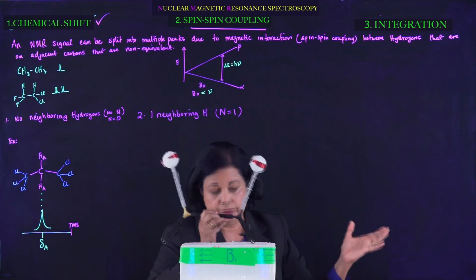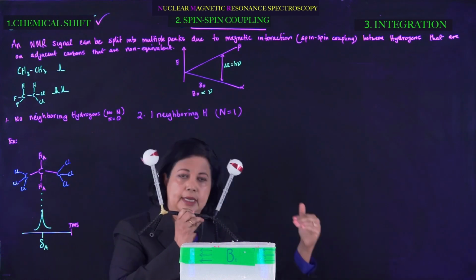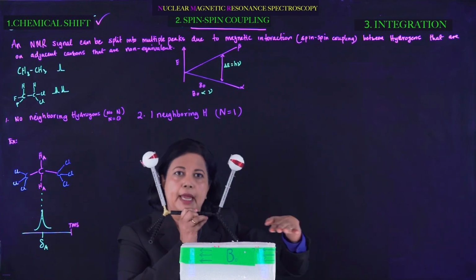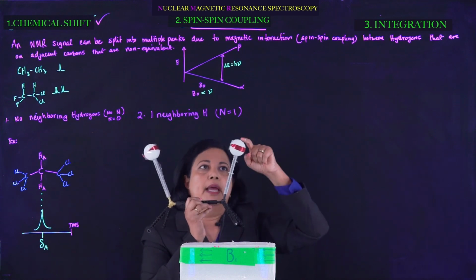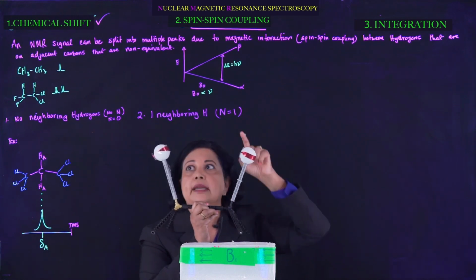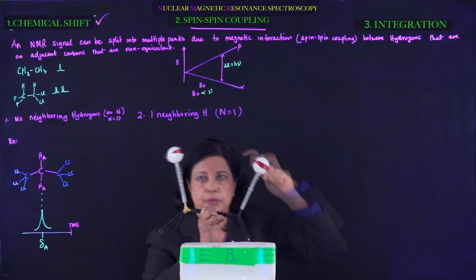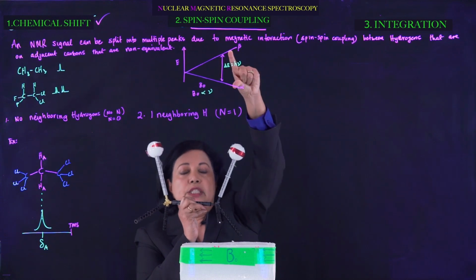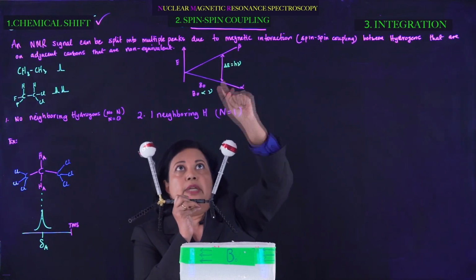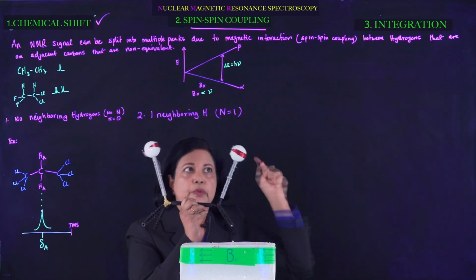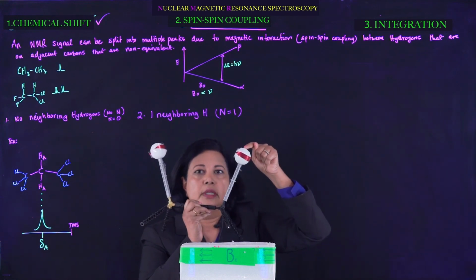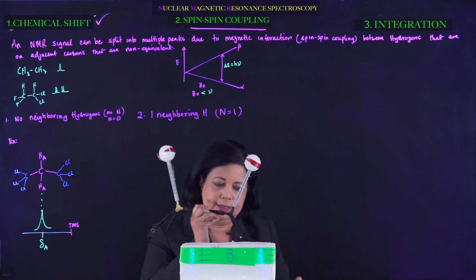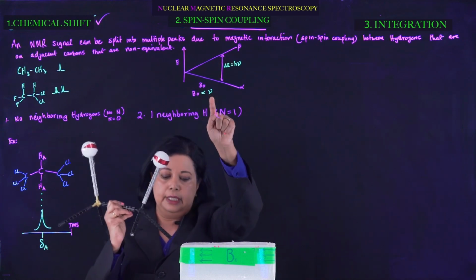You know, magnets have direction, or magnetic fields, like north, south, and so on. And if they're in the same direction as the magnet in the machine, then the magnetic field of this is going to enhance the magnetic field that this proton is going to feel. So when the magnetic field increases, the energy level increases, therefore the frequency would increase. So when you have a proton here, that is going to increase the chemical shift of this a teeny bit, because the frequency is going to increase.